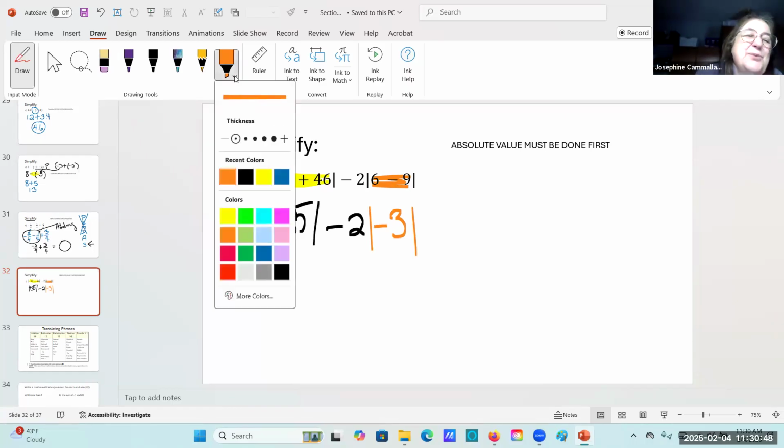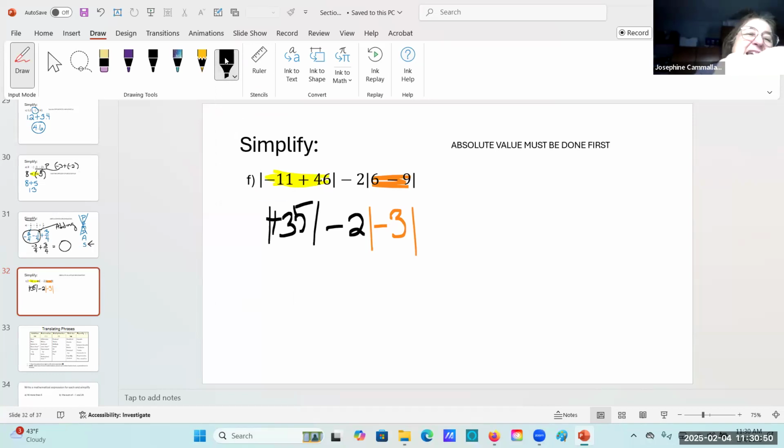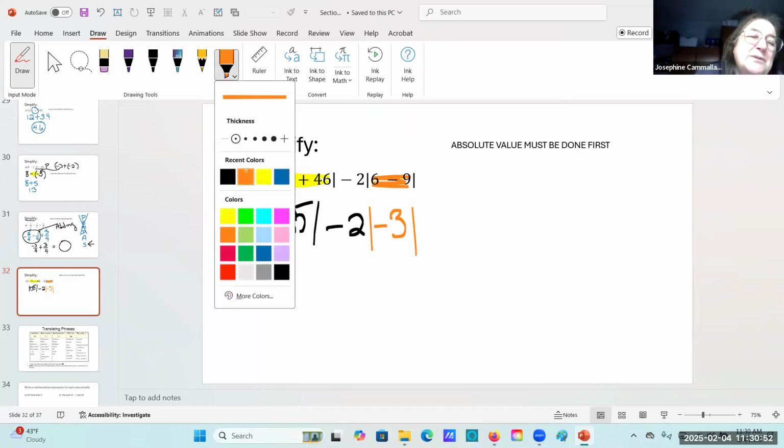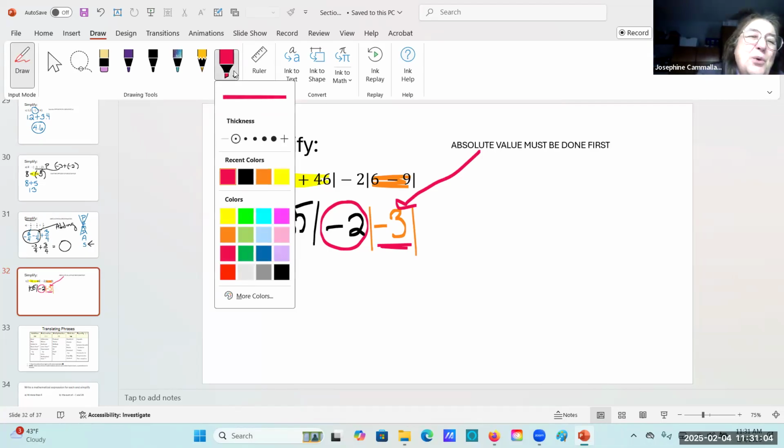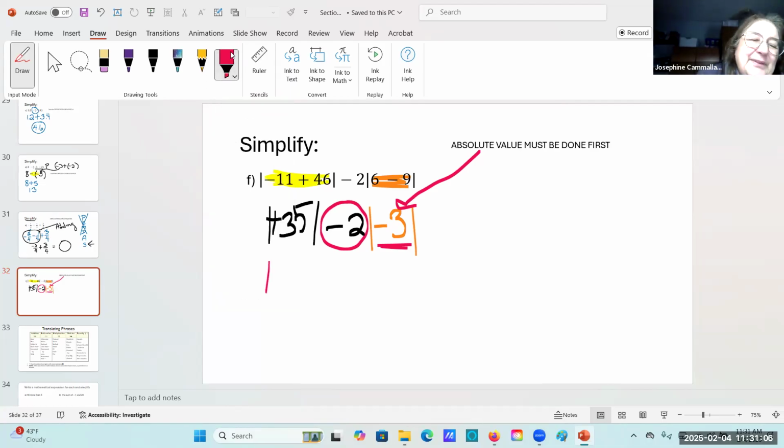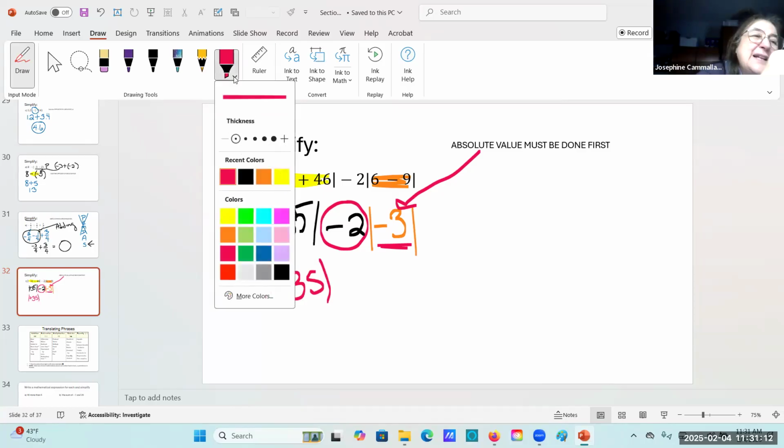Now, this is where it gets fun. This 2 is negative, but this is still absolute value. This is going to mean a positive 35, and that's a bar.